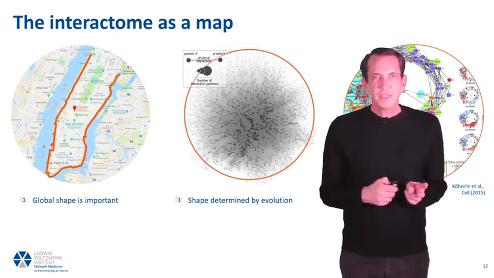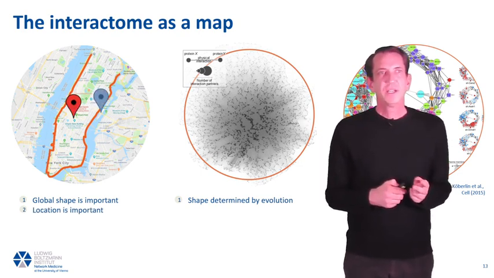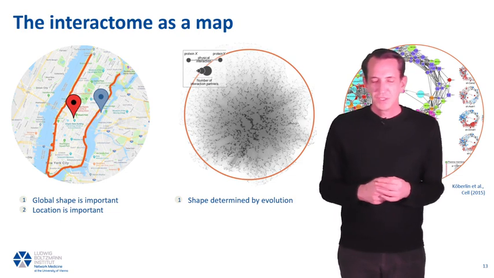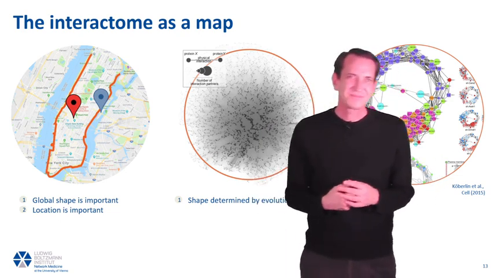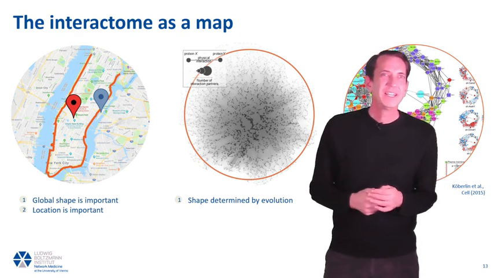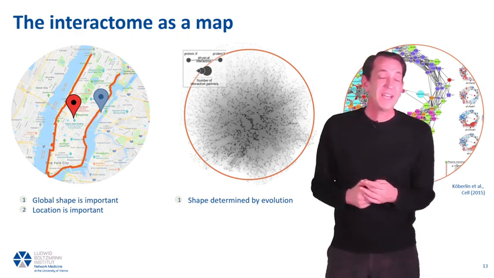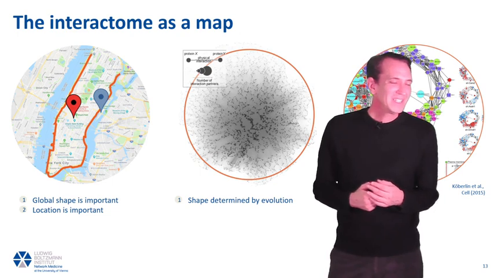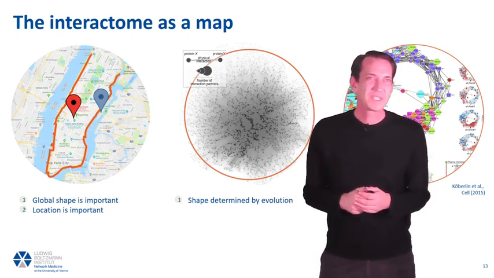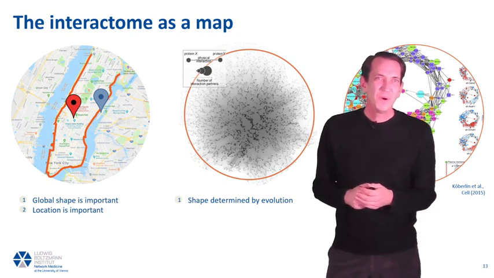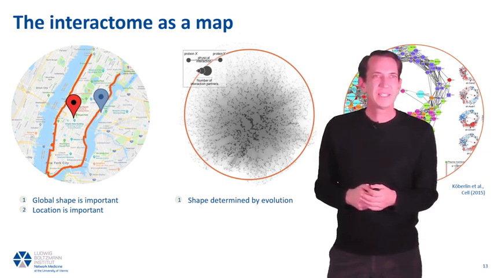The second part of this metaphor as a map is that location is important. So I'm sure that the Starbucks at this red little flag on Times Square, I looked it up, sells a lot more coffee and is a lot more important in some sense than the Starbucks on the blue location in Roosevelt Island.